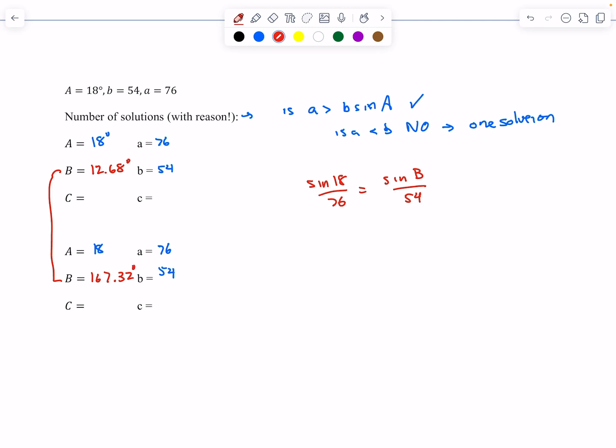And what that means is this is already more than 180. And by George, there's no second solution. Okay, so to figure out C, we subtract from 180.